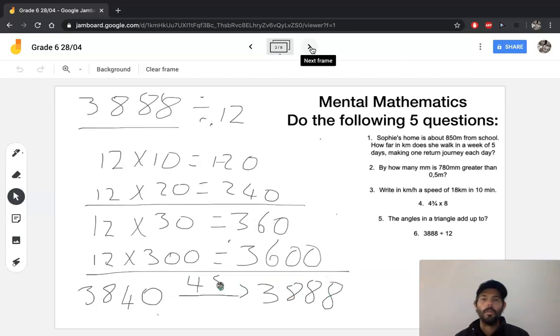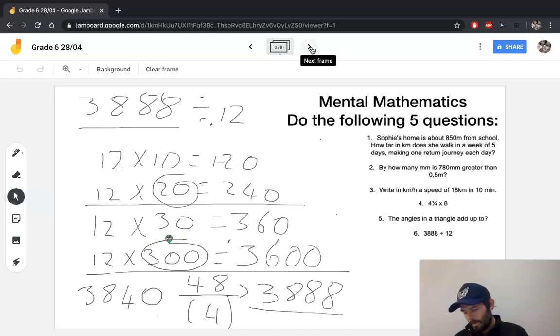And I know that 12 goes into 48 4 times. Okay, so 12 goes into 3,888 320 and the 4. And that gives me my 324. So again, you would have got the same answer as we got before, but they're just different methods.